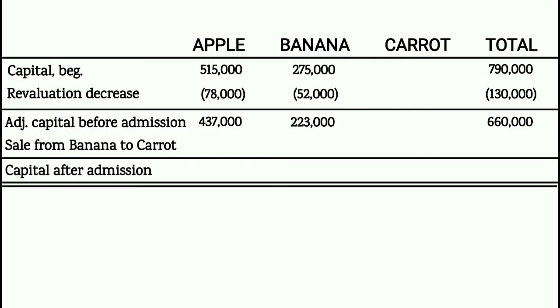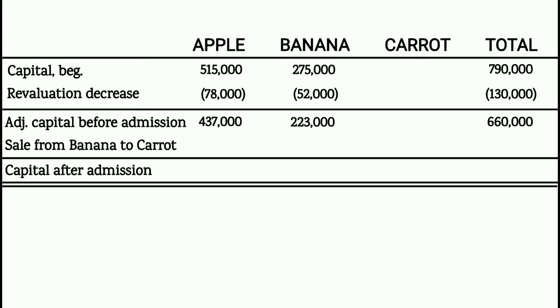Since Carrot acquires half of Banana's capital interest, Banana's capital will decrease and Carrot's capital will increase. Carrot bought half of Banana's capital interest. Half of 223,000 pesos is 111,500.